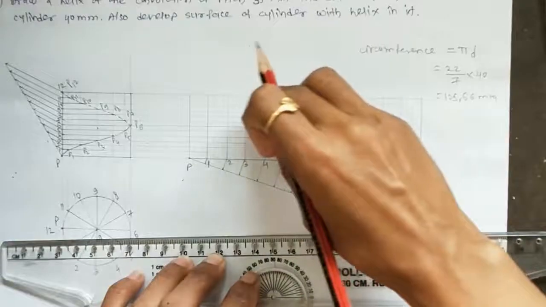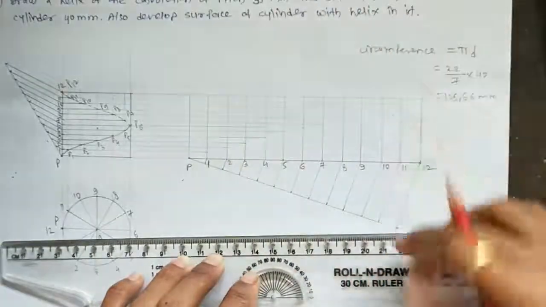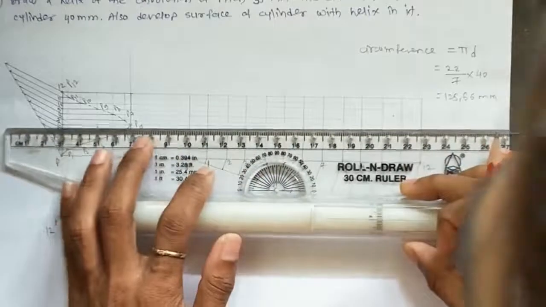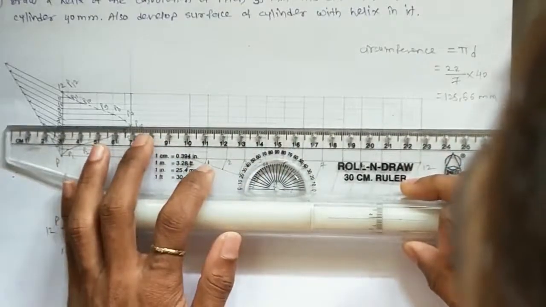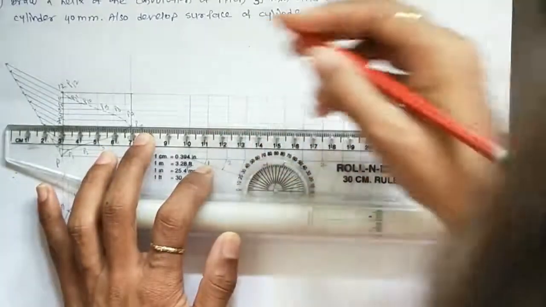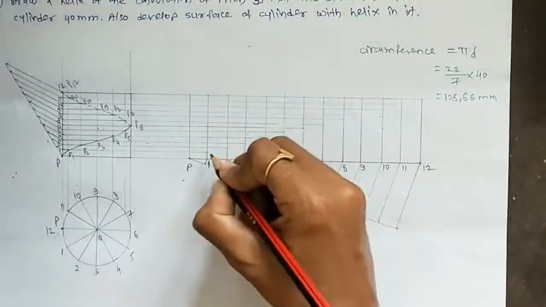Now this line I will take parallel to this. Okay, so in this way we have got all the points.